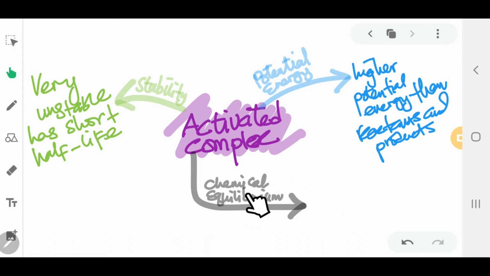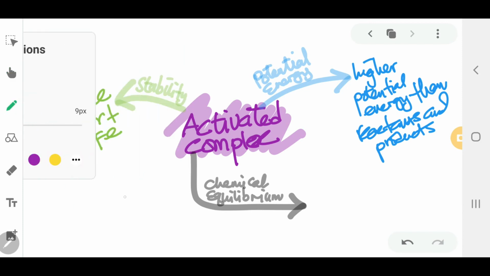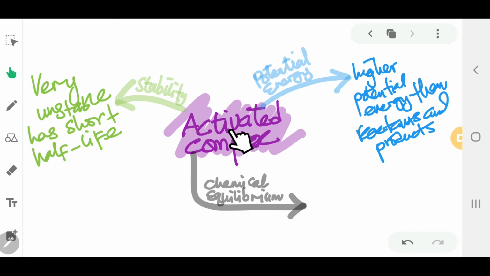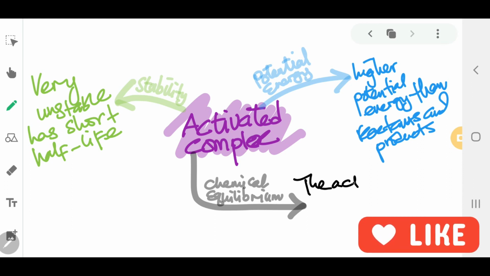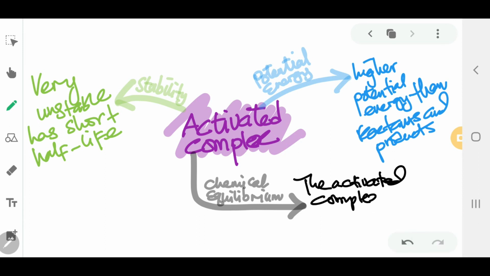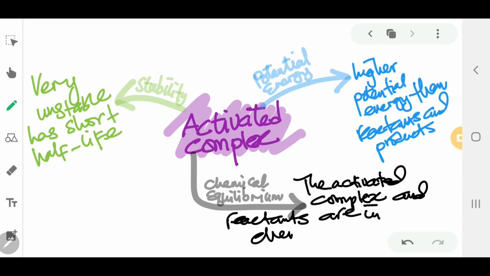And what about the chemical equilibrium? The activated complex and the reactants exist at chemical equilibrium. Therefore, the activated complex and reactants are in chemical equilibrium.